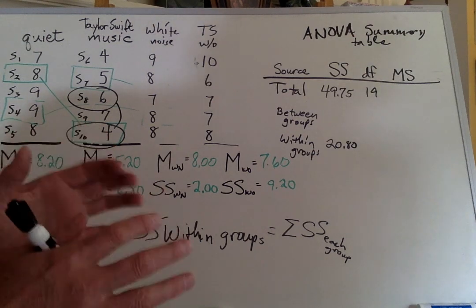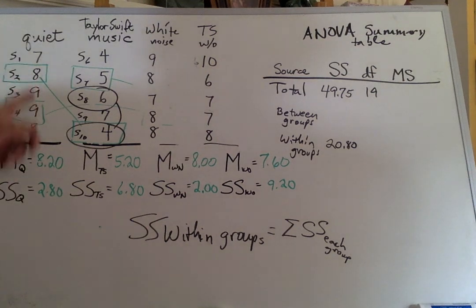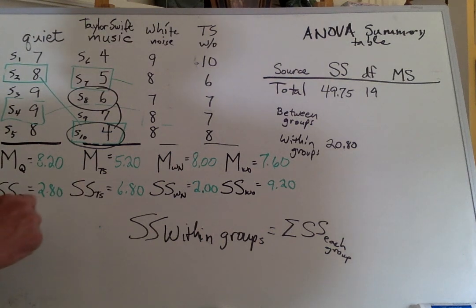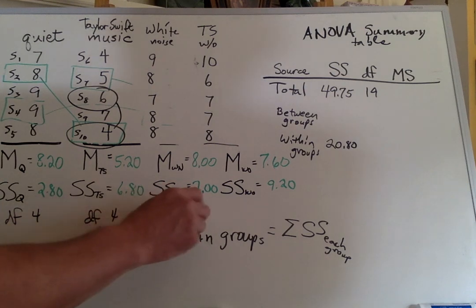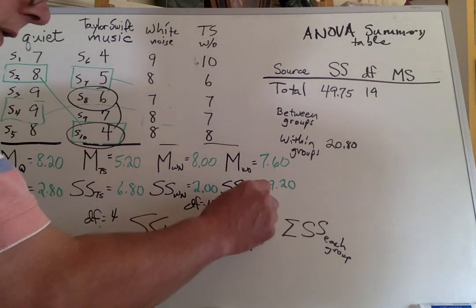Whenever you do a sum of squares, however many numbers you're looking at to get it, degrees of freedom are this many minus 1. So in this case, 5 minus 1, so degrees of freedom here is 4. Degrees of freedom here is 4, 4, 4.